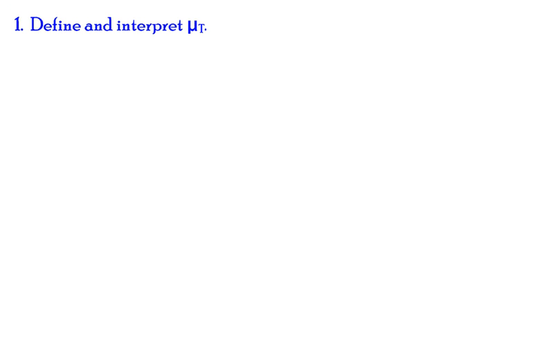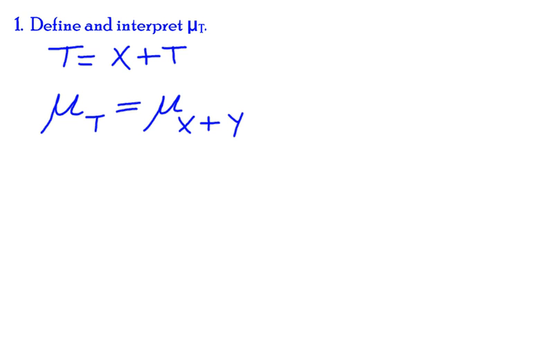First of all, we were asked to define and interpret mu t. We were given information that mu t was the mean for the total number of cars sold or leased. So t was defined as x plus y. In asking for mu t, I'm asking for mu of x plus y.